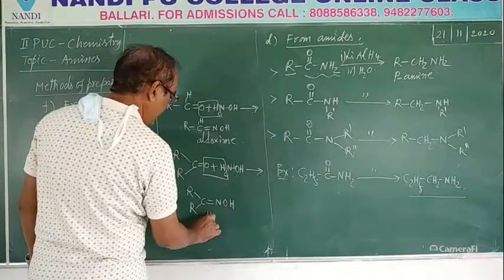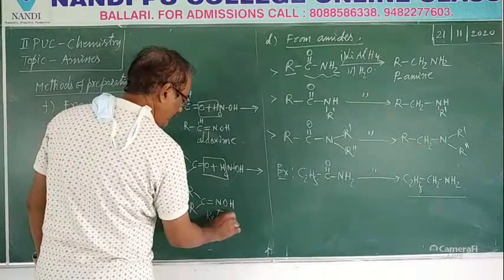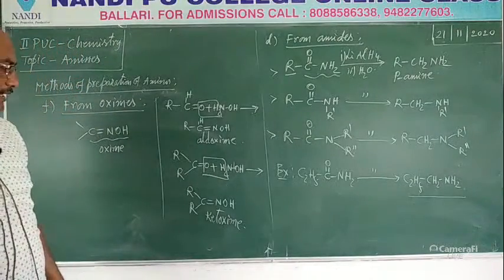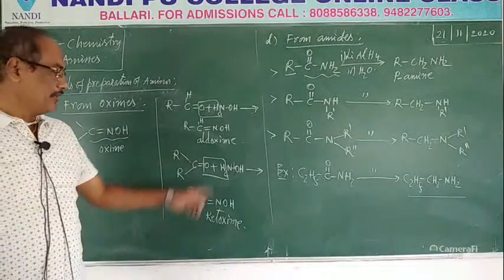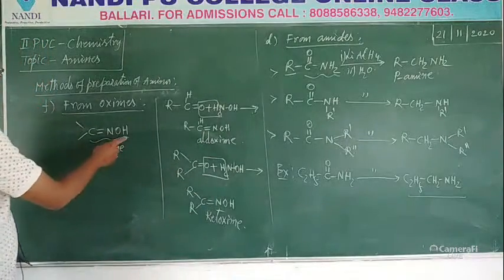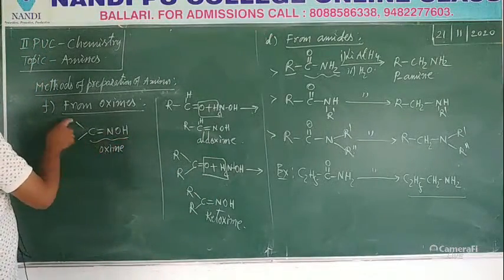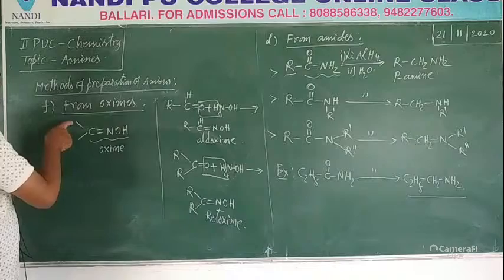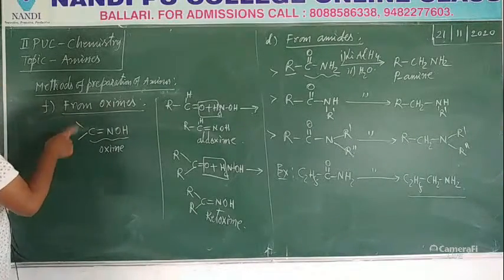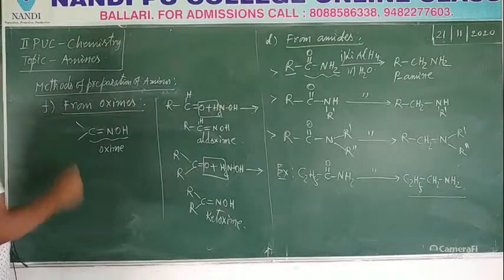This is ketoxime. Aldoximes and ketoximes on reduction give amines. Aldoxime means H, H or R, H. Ketoxime means R and R or R and R dash.